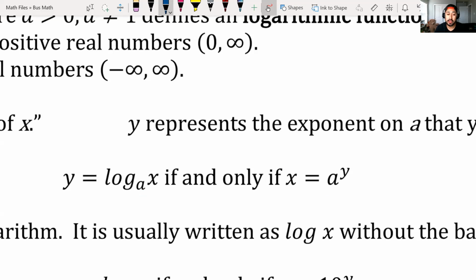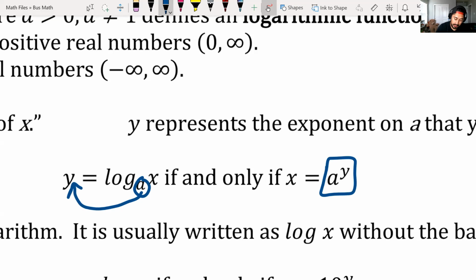So when we rearrange a log to an exponential function, we take the base a and raise it to the outside power of y. Now if you look over here, that becomes a to the y.